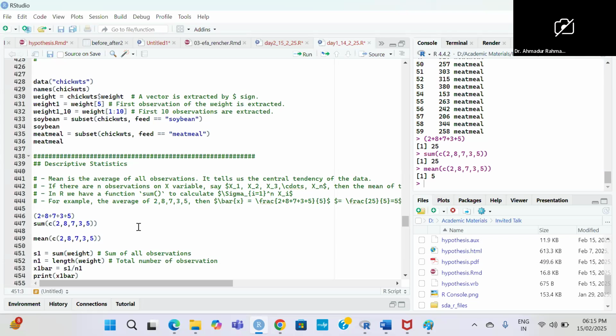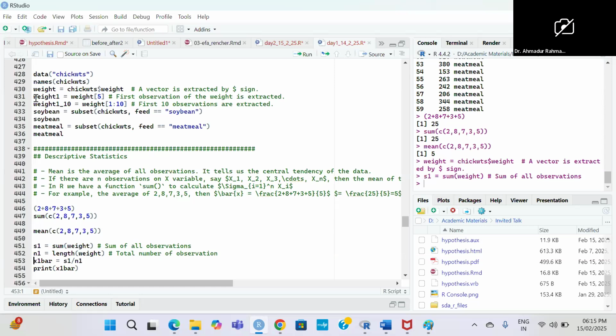Here we have calculated manually. S1 is the sum of the weight. We are taking the weight of the whole information, 71 observations, this highlighted part, the weight we have here, and we are going to calculate its mean. So we take the sum of weight and it is stored in S1, and then we give a new name to the number of observations available in this weight and run this.